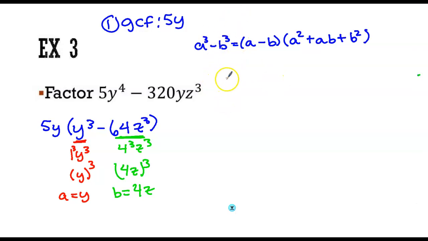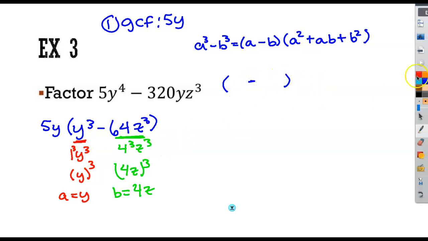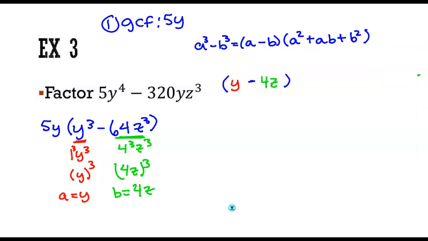I'm going to have A minus B. A is y and B is 4z. And then in my second set of parentheses, I'm going to have A squared plus A times B plus B squared.